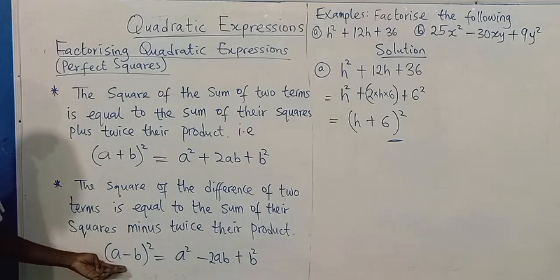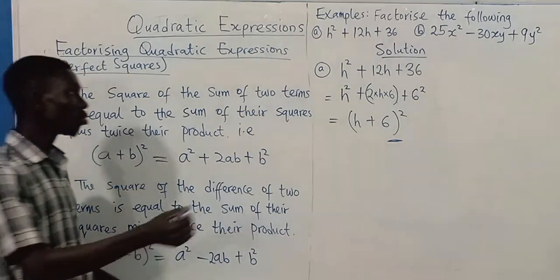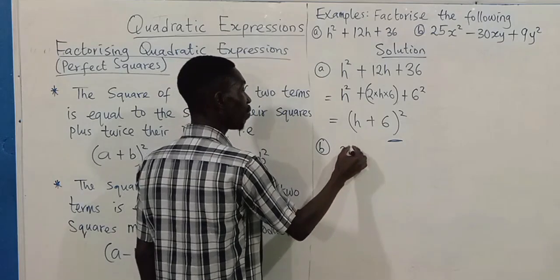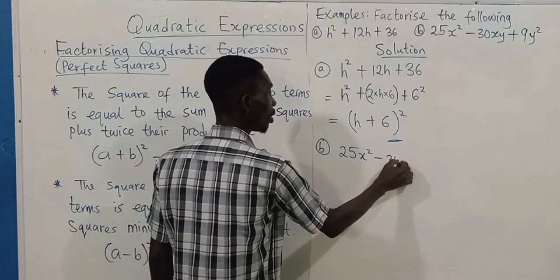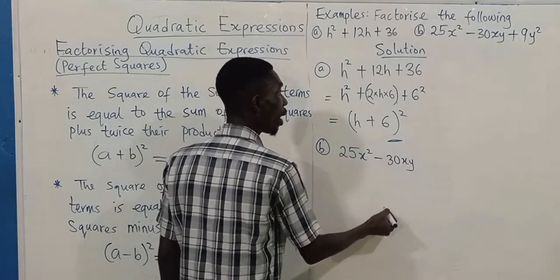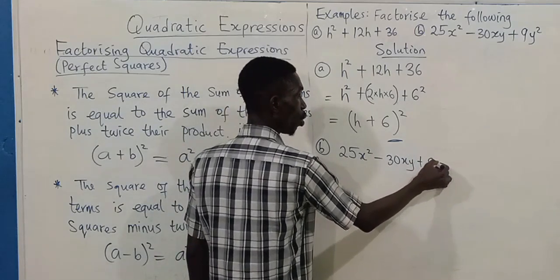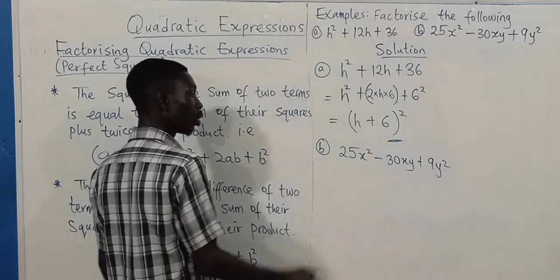Let's apply the same knowledge in solving example 2. Example 2 says we should factorize 25x squared minus 30xy plus 9y squared. We're going to use the same method.